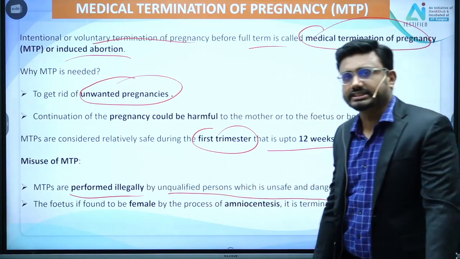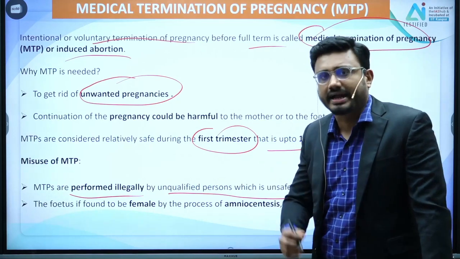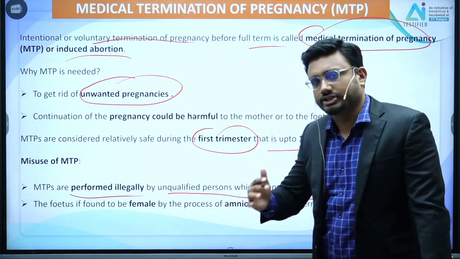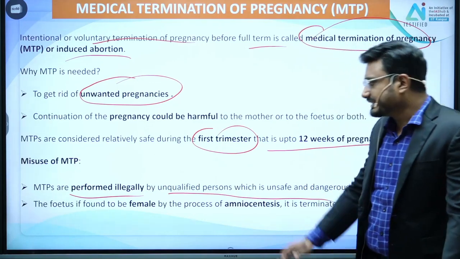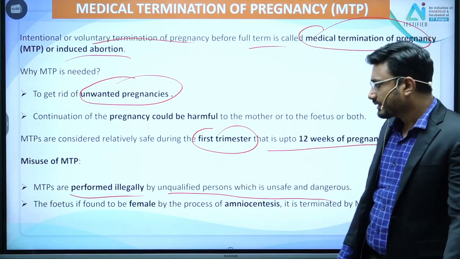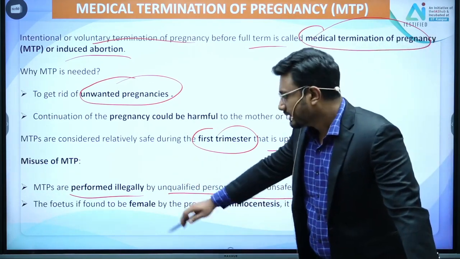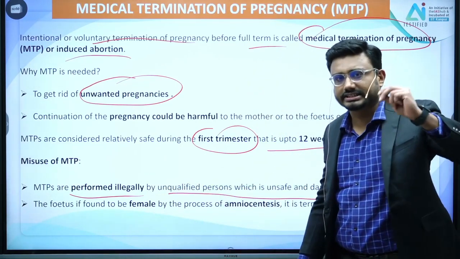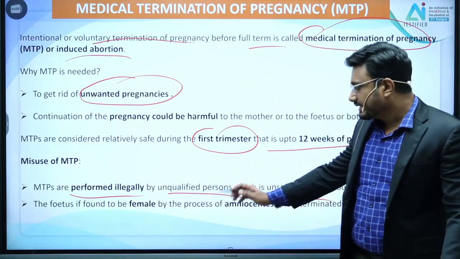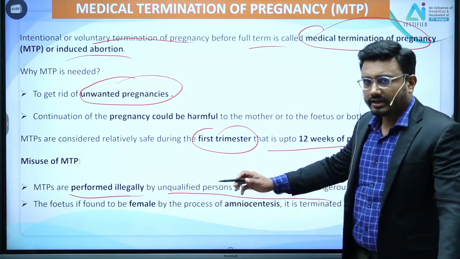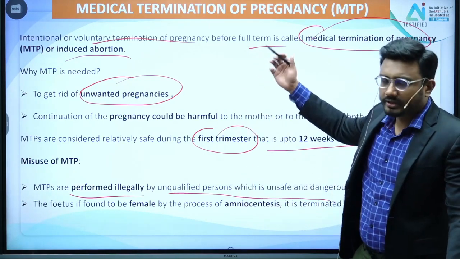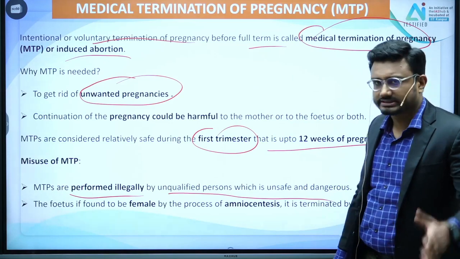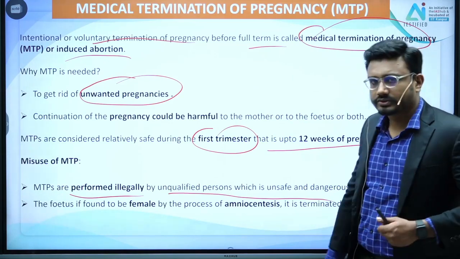This process needs to be performed strictly by medical professionals and doctors only, otherwise it can cause harm to the mother or the baby. If the fetus is found to be female, as we learned in the case of amniocentesis, it is then aborted by this process. So now let us move to the next concept.